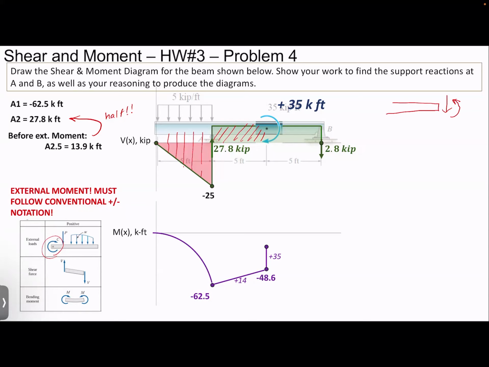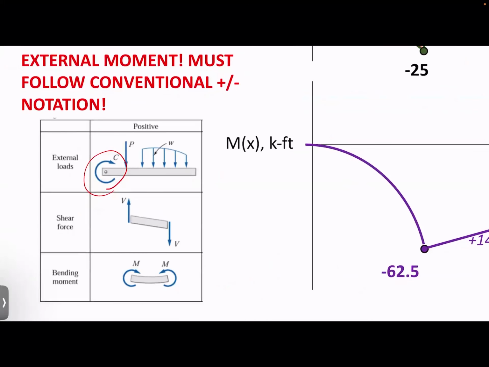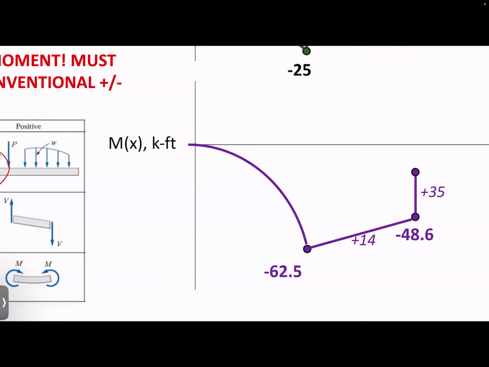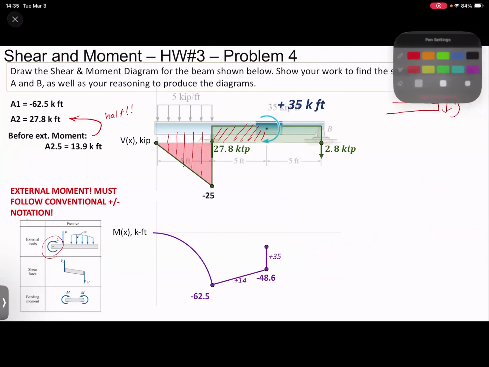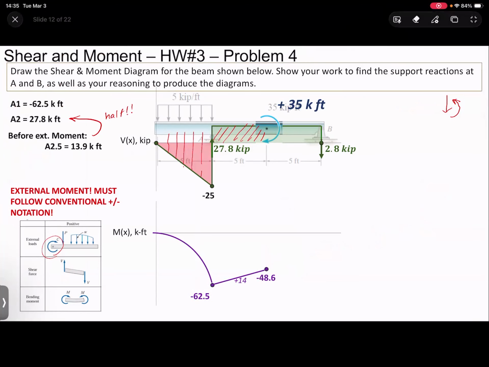It's essentially the same thing for external moments too. So you can see right there, depending on what side you cut it on. Okay, so we have that positive moment of 35. So now we're at negative 16.6, and then we move up here, and this gives us back 0, which makes sense. So now this is our moment diagram for it.